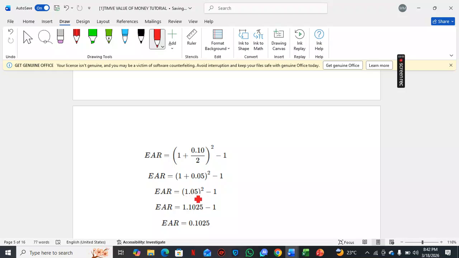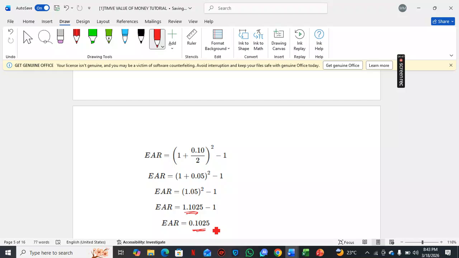So confirm with your calculators if 1.05 squared gives us this. So you get 1.1025.